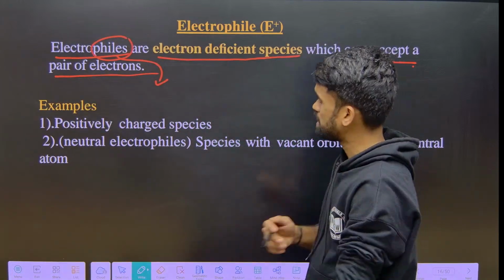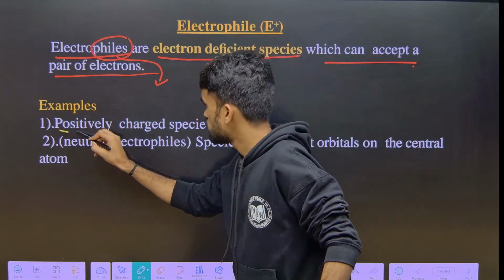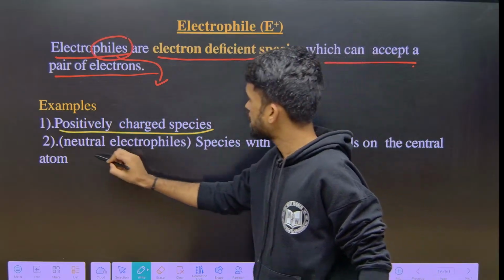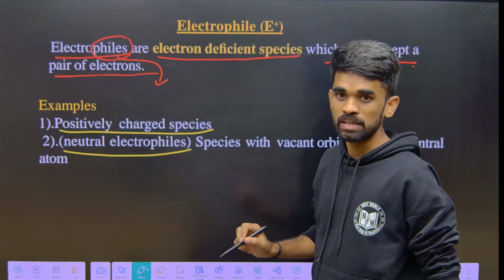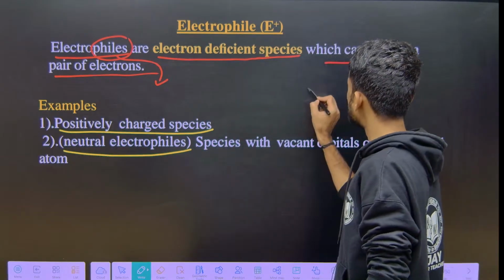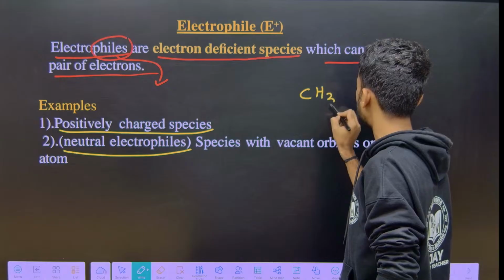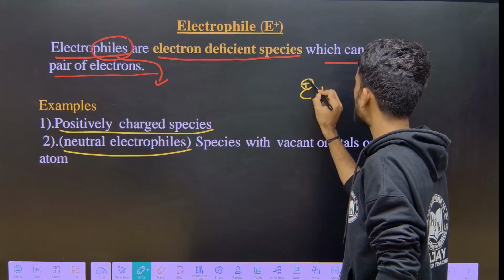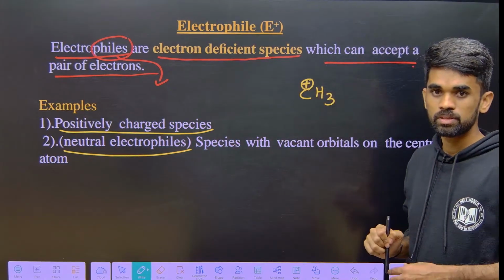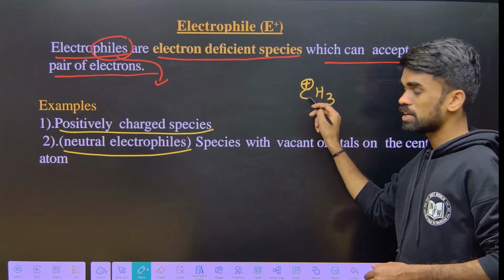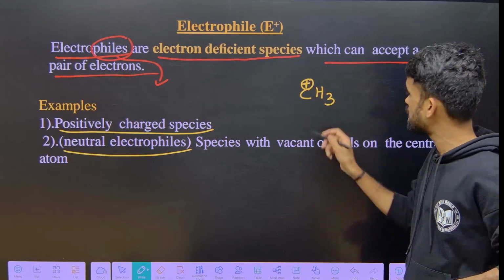Now, these electron deficient species are of two types. It can be positively charged or it can be a neutral electrophile. So positively charged means what? Just now we have studied carbocation. Carbocations have how many valence electrons? Carbon has 6.